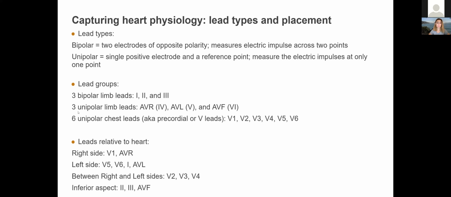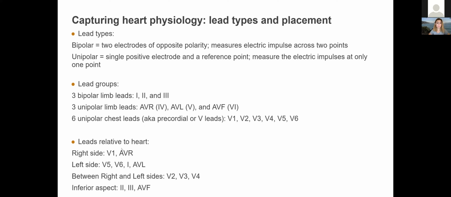There are 3 unipolar limb leads, AVR, AVL, and AVF. There are 6 unipolar chest leads. They're also called precordial leads, and they are denoted by a V beforehand, numbered 1 through 6.